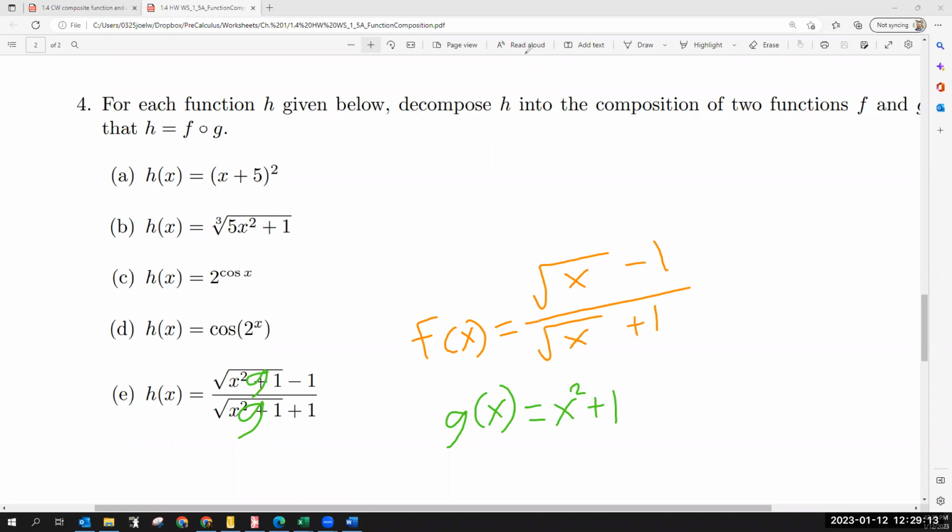And there you go. Does that make sense? I told you there's multiple ways. I could have made G of X the square root of all of that, in which case F would just be X minus 1 over X plus 1. They both would work. So there's not necessarily one specific way that you've got to do these.